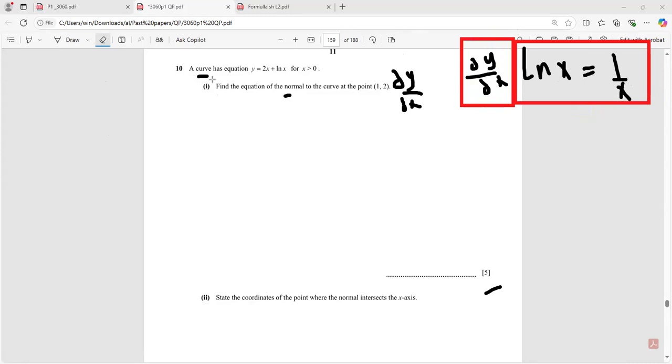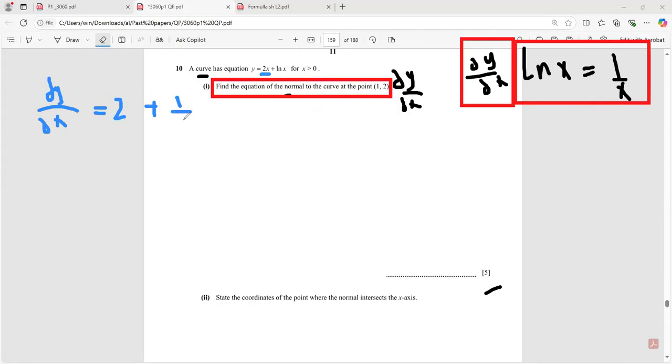Let's complete here. He wants you to find the equation of the normal of the curve. So first of all, we're going to get the derivative. So dy over dx will be equal to 2 plus 1 over x.